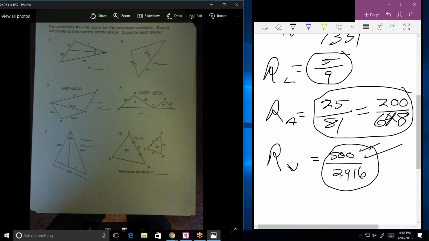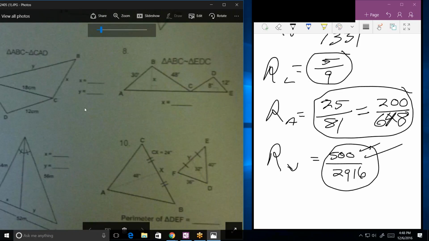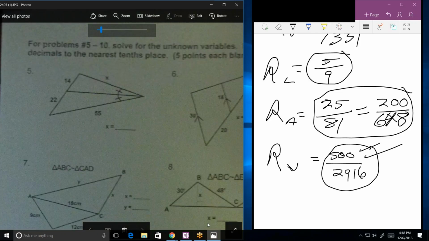So I've already done 5, and x equals 5 3/5. Doesn't look right. Wait, no, I screwed up. Give me a second. Okay.